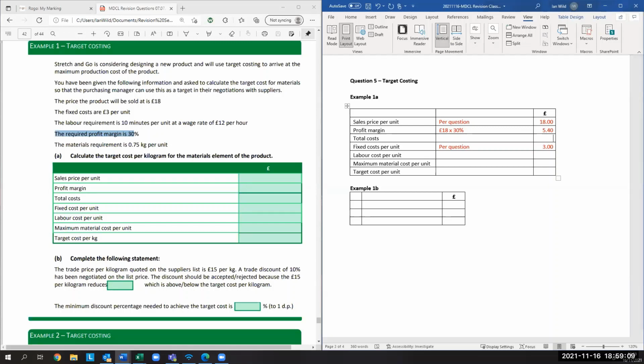The total costs will be the difference between the selling price and the profit margin, and that's going to be £12.60.